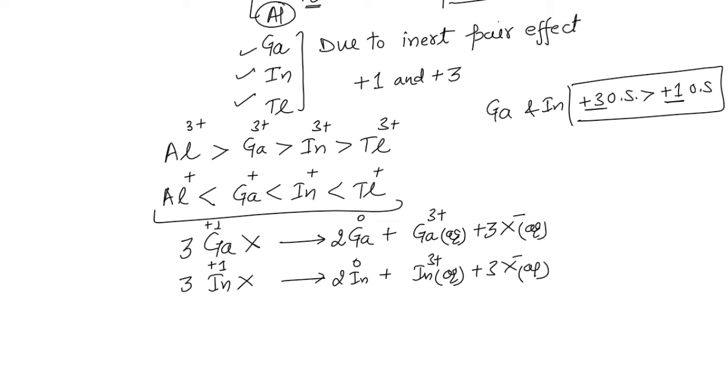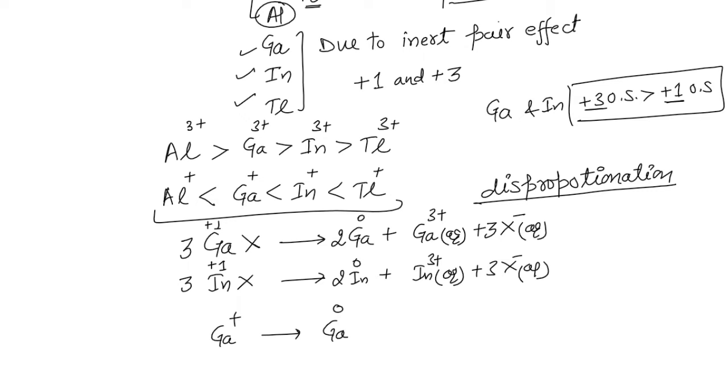Do you know what is disproportionation? You have done it in redox reactions, right? Disproportionation means self oxidation as well as reduction. So gallium +1 changes into 0. That means it undergoes reduction, and gallium changes into 3+, so it undergoes oxidation.